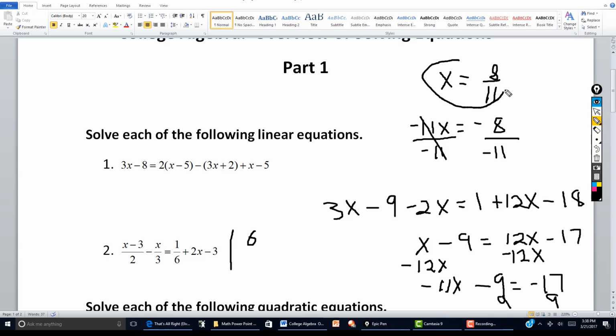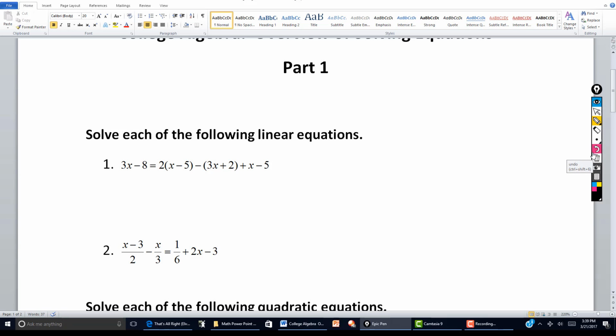And this should be your solution. Okay, let's clear this. Okay, so that gives you an idea how to solve linear equations.